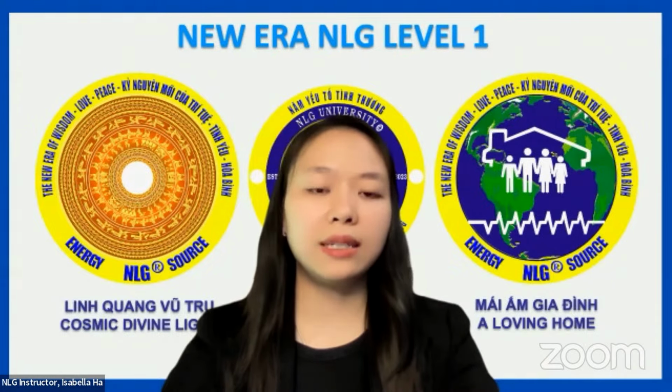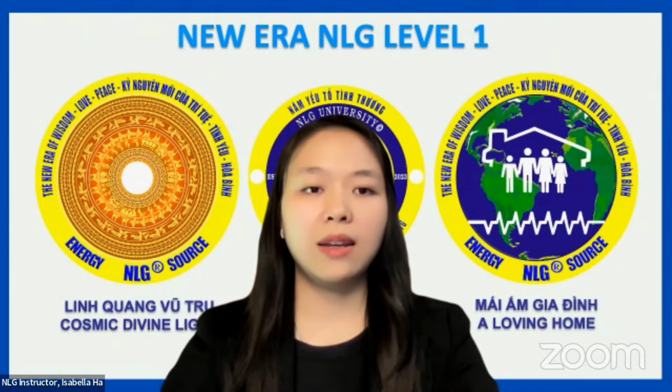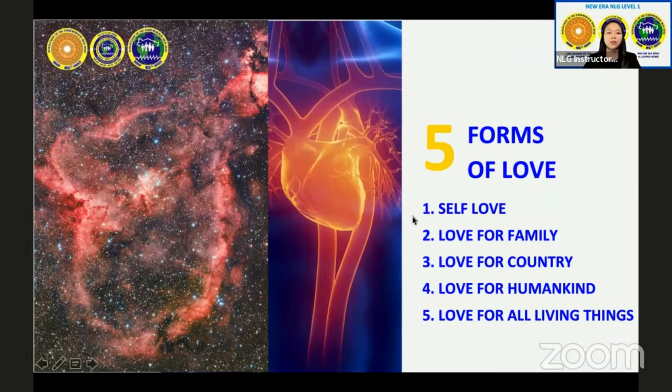The reason why we divide it into the 5 forms of love is so that we will have these different stages, different types of love to actually look at when we try to dissect it, and for people to understand more about love, because oftentimes when we talk about this element, it can be a little bit abstract to people, and then people actually think that it's really cliche, okay?